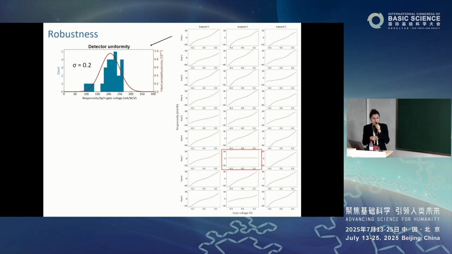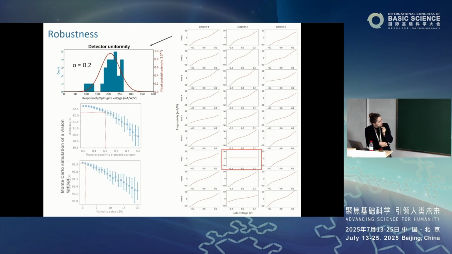So if there was any dust, any imperfection, it did change the responsivity right away. But we have a detector uniformity of precisely 0.2 variance. Well, not variance, but standard deviation, because variance is the square of a standard deviation.